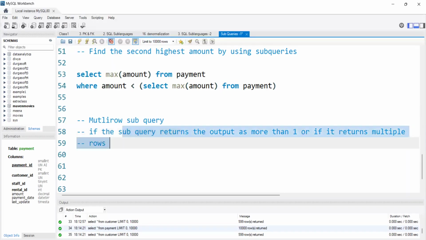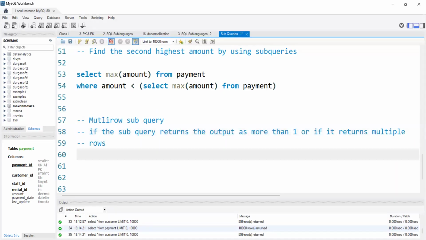Basically you understand the concept here, right? While uploading the file, I will write the definition very clearly. The concept is whenever we execute a subquery, if the output returns multiple rows, then we call it a multi-row subquery, correct?